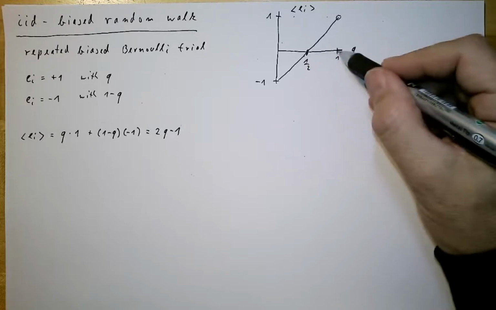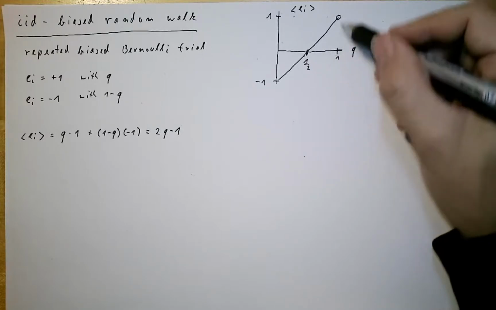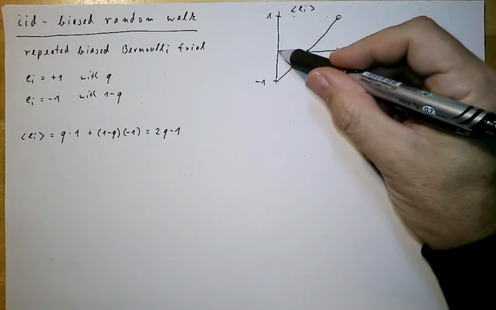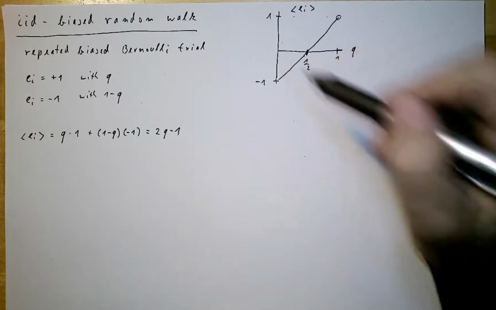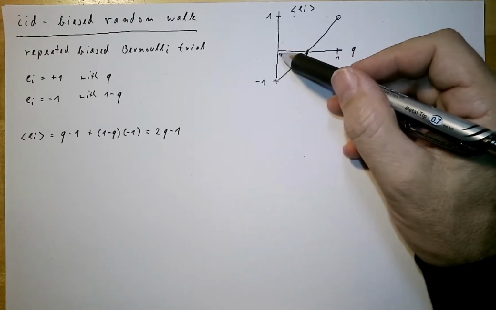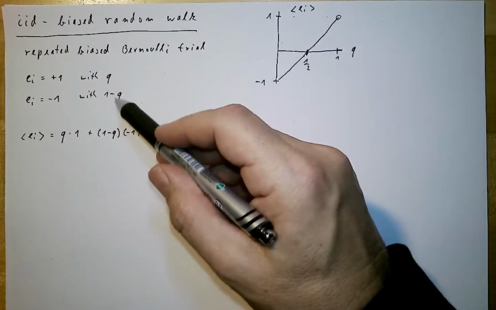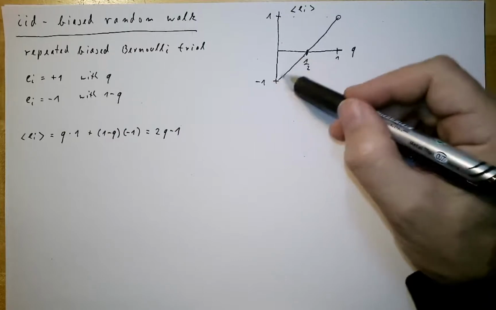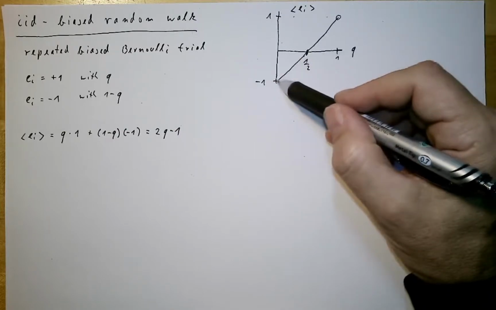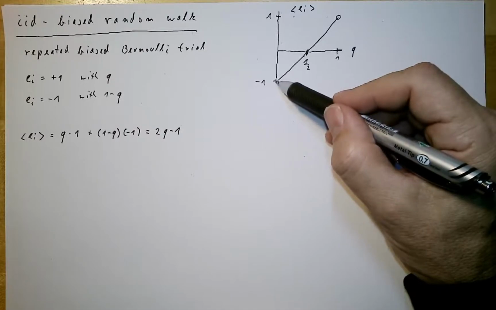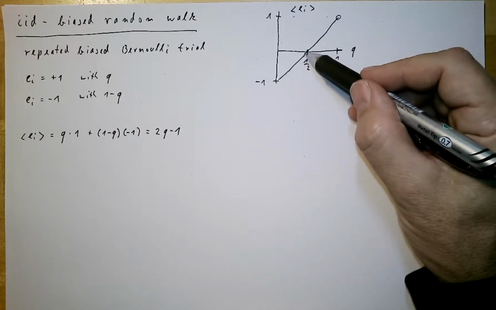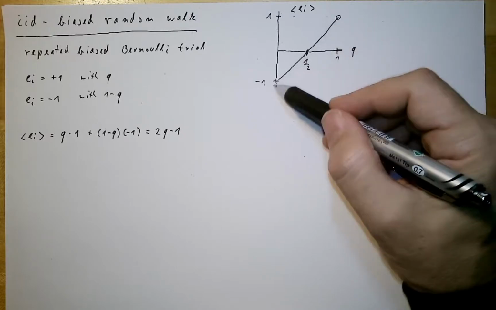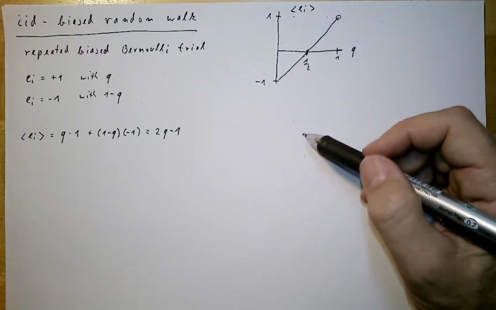But if q is 1, then we go only to the right, and the mean value of the increments is always 1. If q is 0, then we always go to the left, and our expectation is -1. So by this parameter q, we can shift from a walk where we only go to the left, to an unbiased random walk, towards a walk where we only go to the right. We have a parameter where we can tune the bias of our walker.